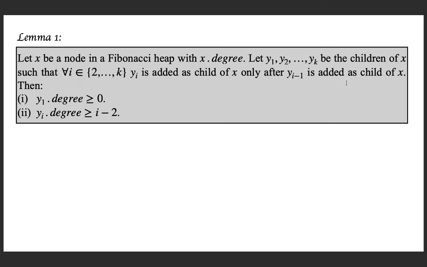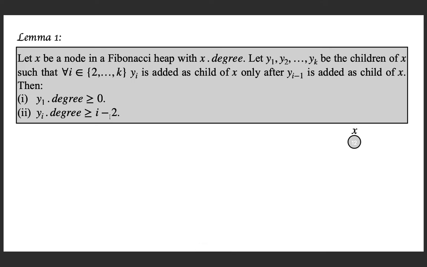And if these child nodes are added in that order, we will prove that y1 dot degree, that is the child which is added first to the node x, has degree greater than or equal to 0, and for all other nodes yi from 2 to k, yi dot degree is greater than or equal to i minus 2, which is a non-trivial statement. We need to have a proof.